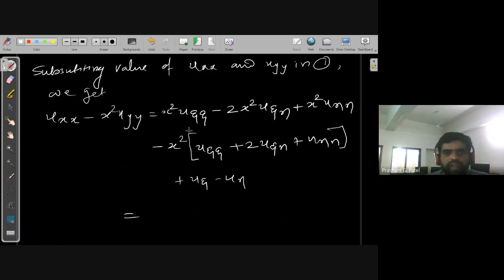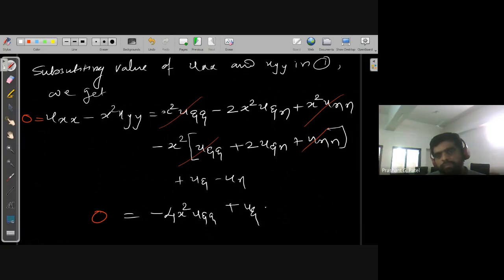If you just see, these quantities are cancelled out, but because this x square is multiplied and this is of negative sign, this quantity will not be cancelled, so that is actually added, and this is equal to 0, as given, and this quantity is also cancelled out. So the quantity left is minus 4 x square u xi eta plus u xi minus u eta.